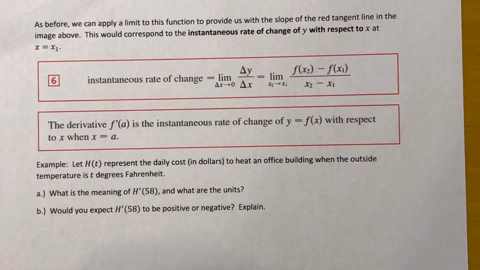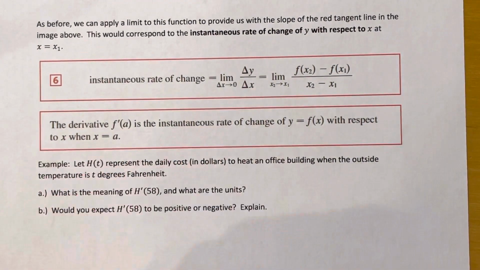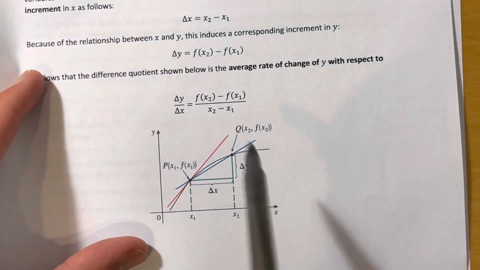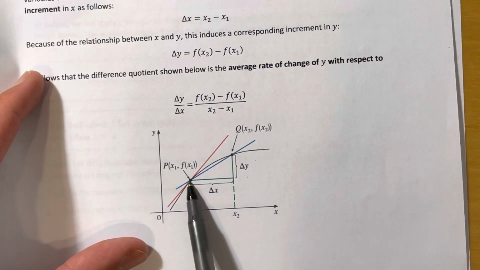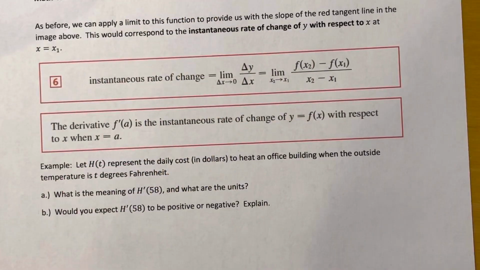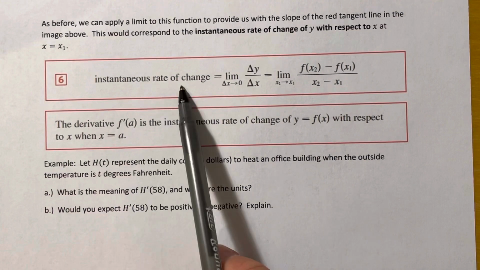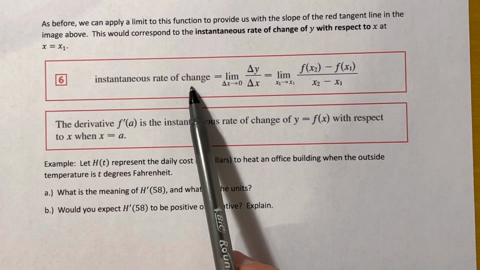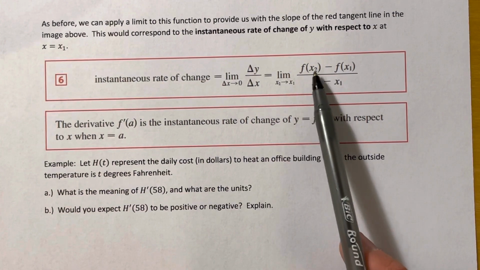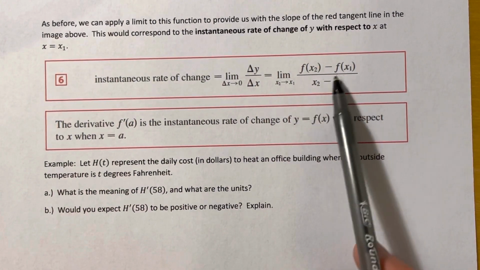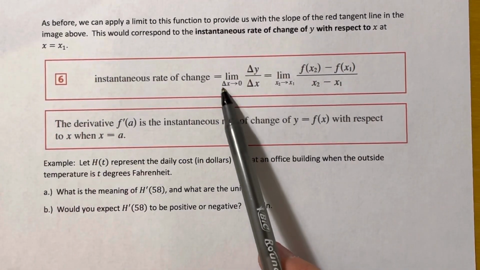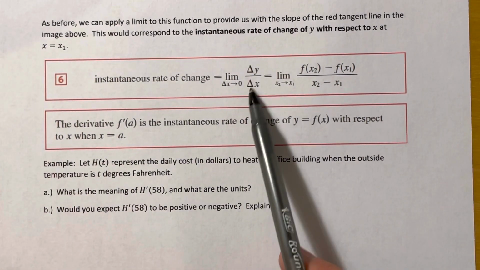And again, the rationale behind making delta x approach 0 is the exact same as letting h approach 0 in our previous definition of the derivative, because delta x is just another label for h in that definition. So this is how we define our instantaneous rate of change. It's the limit as x2 approaches x1 of f of x2 minus f of x1 all over x2 minus x1, or the limit as delta x approaches 0 of delta y over delta x.